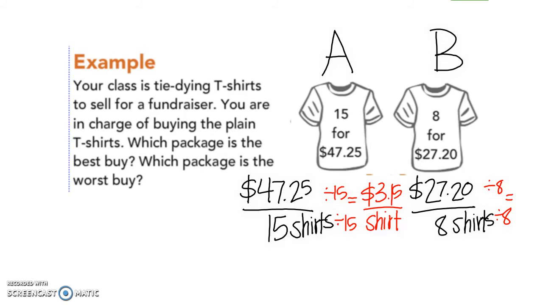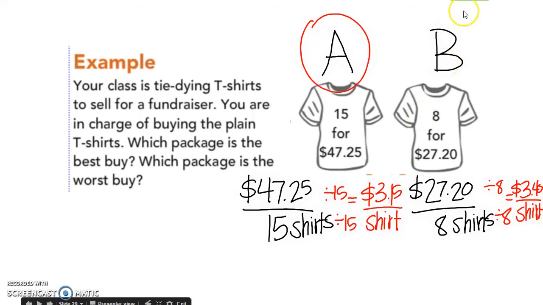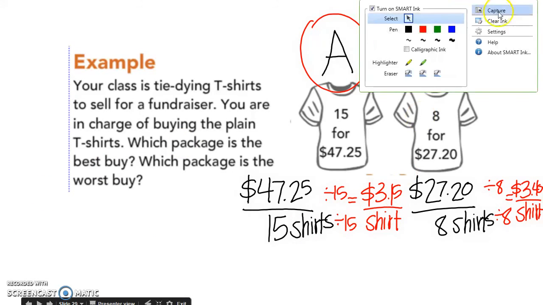And that's going to be $3.40 per shirt. So which is the better buy? A. Per shirt, it's cheaper. So even though we're paying more up front, if we calculate the price per individual shirt, it is cheaper to get package A.